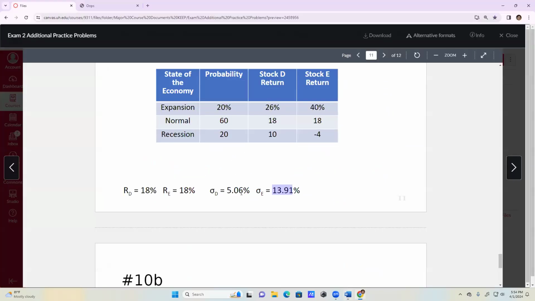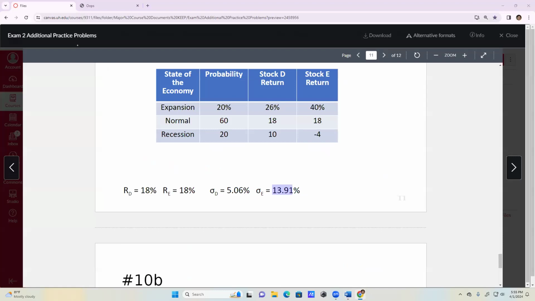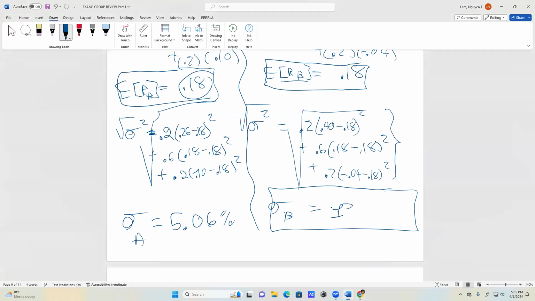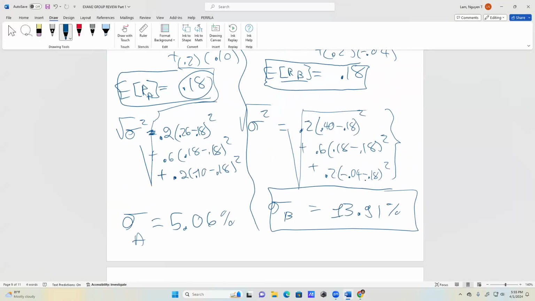Minor mistake. 5.06 is for this guy. I did not do the calculation, so I just copied the answer. But if you guys do this, it should be the same. Let me know if I got it or not. I will revise if it's wrong. But yeah. Okay, so 13.91% is for the stock. Okay, so document that. All right.